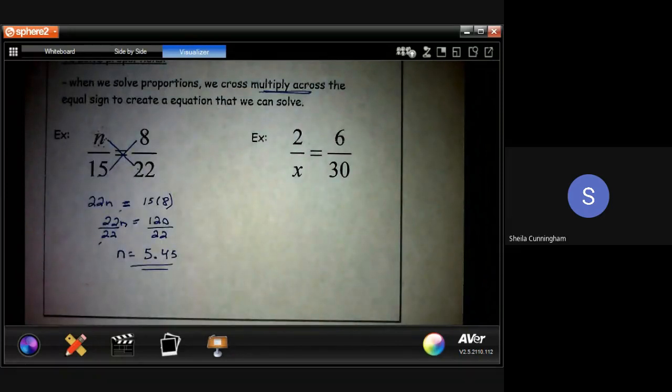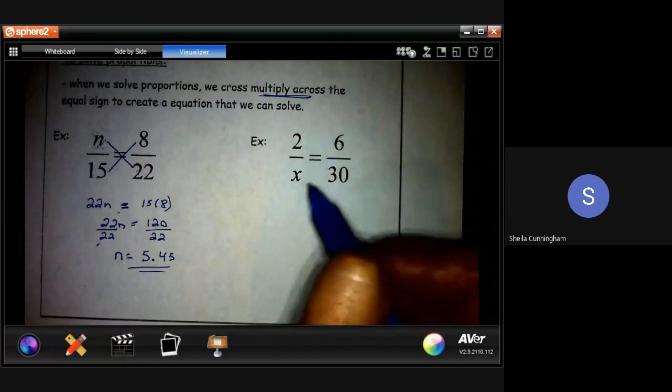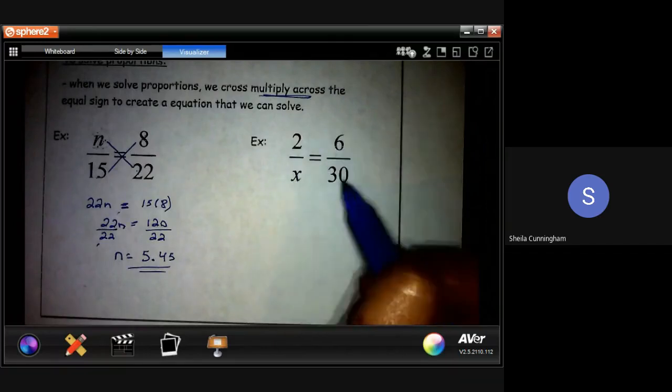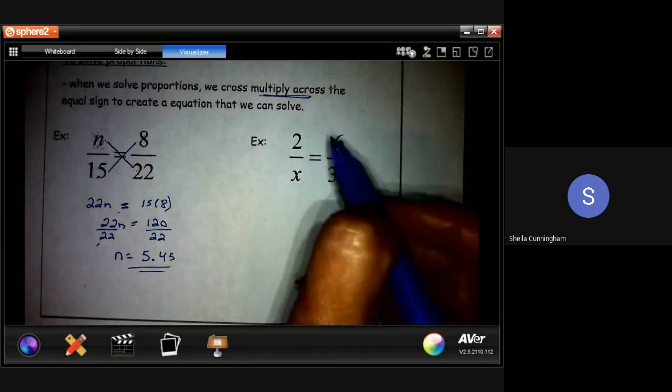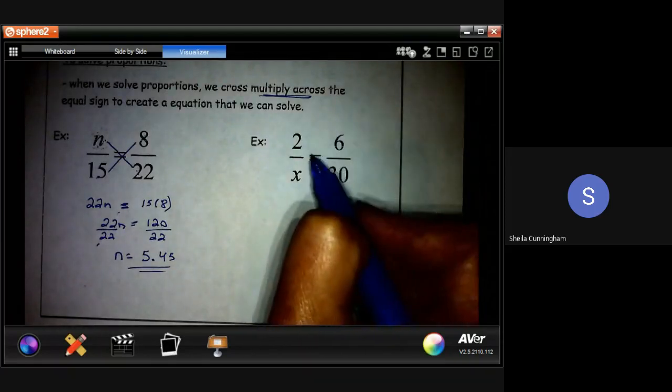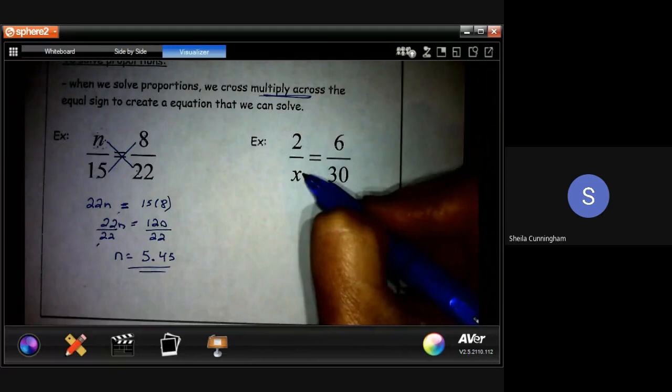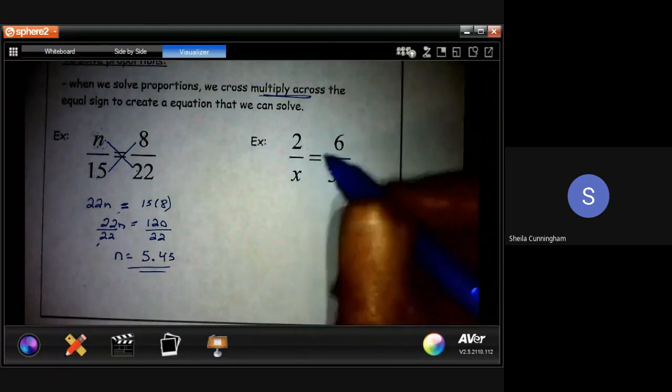Same thing goes, it doesn't matter where your variable shows up within your proportion, you set it up the same way. Sometimes people like to always start with the variable piece first.